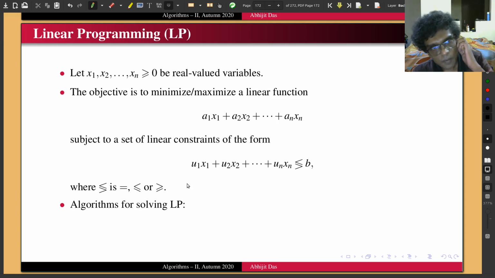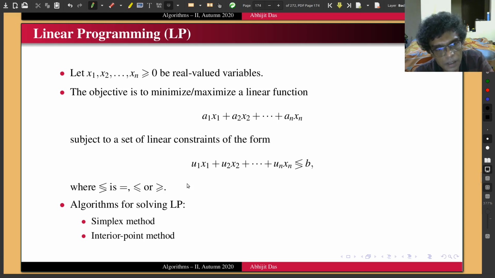And how do I solve linear programming problems? Okay, so there are several methods. Two popular algorithms are called simplex method and interior point method. Simplex method is perhaps the most widely used LP solver, although its running time is maybe fully exponential in the number of constraints.